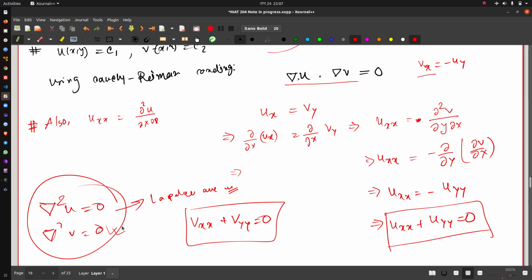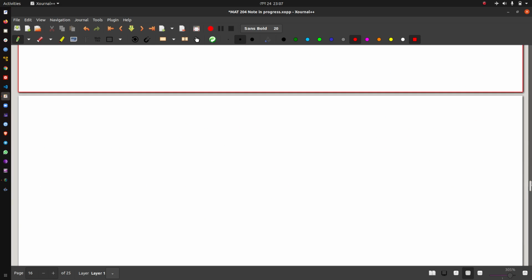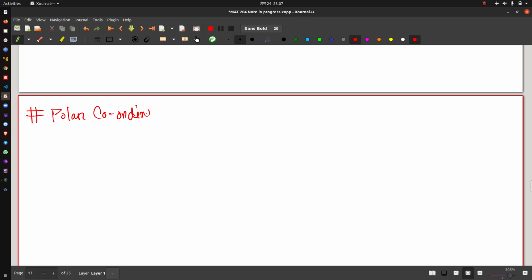Alright, now while discussing complex numbers, we went to polar coordinates as well. So is it possible to write Cauchy-Riemann conditions in polar coordinates? We want to see the form of Cauchy-Riemann equations.